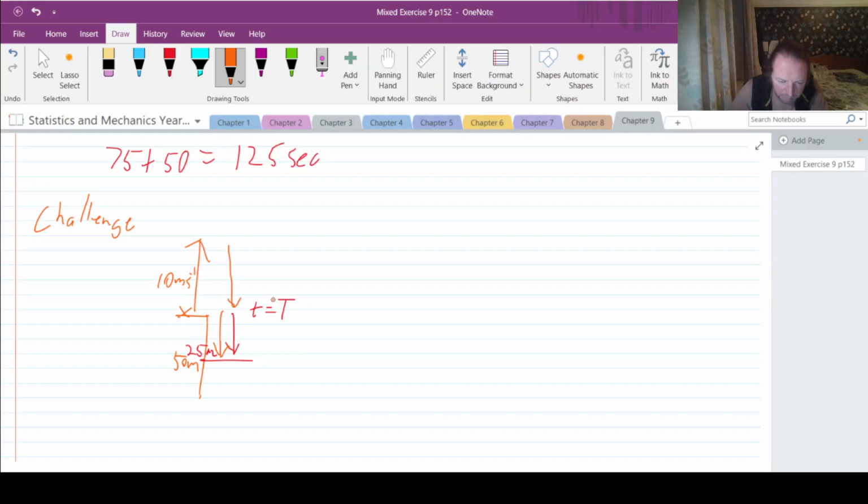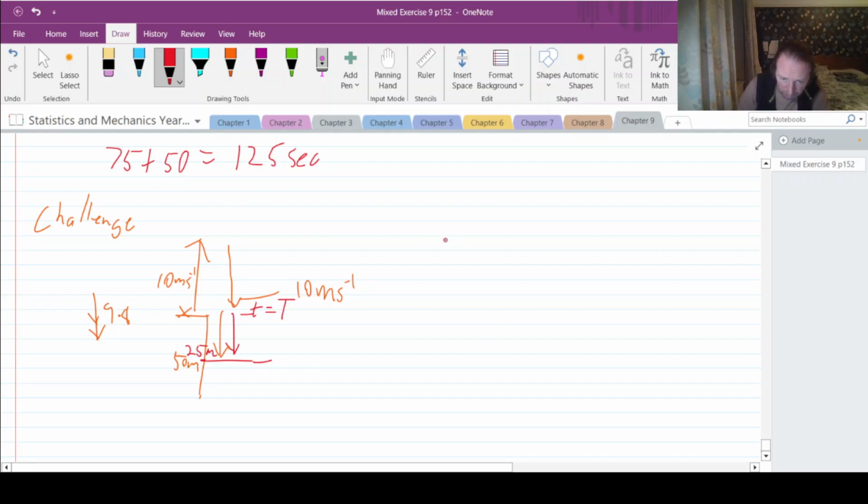At this point I was doing 10 meters a second going downwards. Gravity is obviously doing its thing at 9.8. We're going to have some interesting signs going on here. First things first, let's do suvat for the second ball.